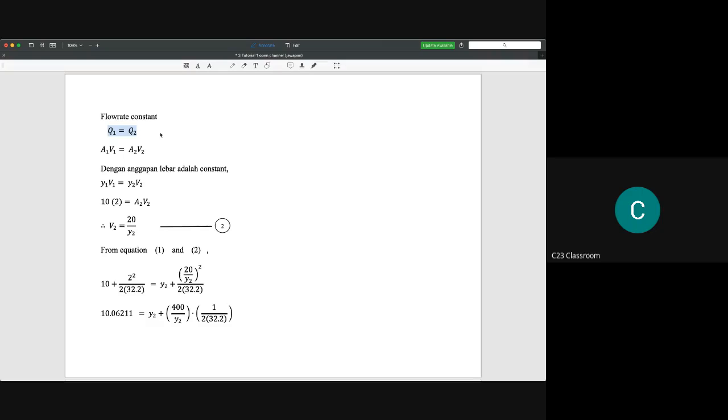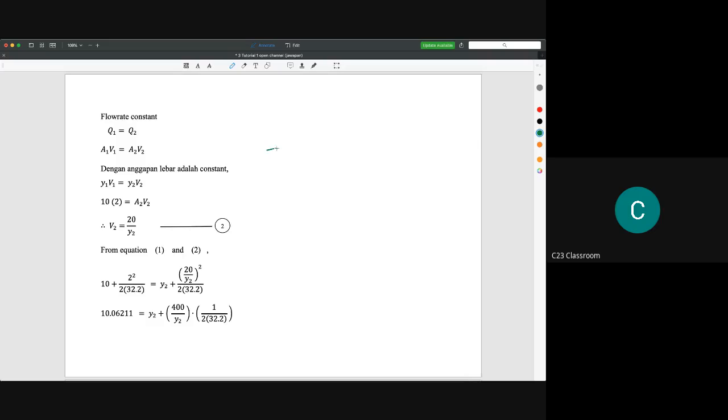However, in a normal question in our syllabus, we will discuss in two dimensions. So that means we only have X and Y without any width. So we assume that the width of our open channel here is constant.